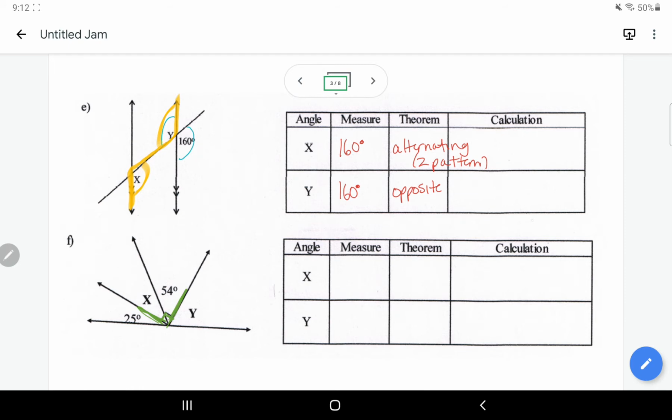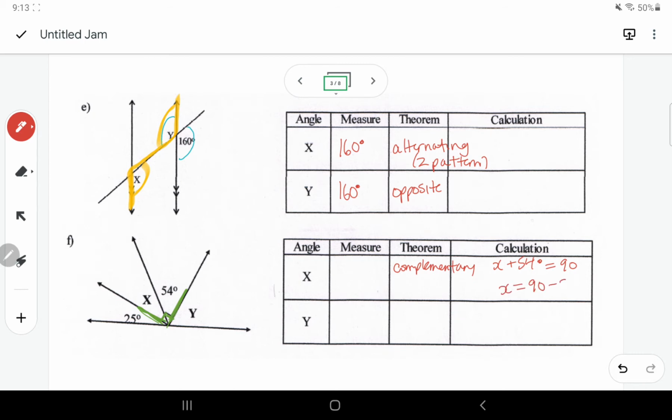So I'm going to use complementary. So X plus 54 equals 90. So we get X equals 36 degrees.